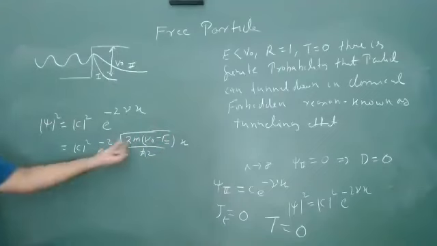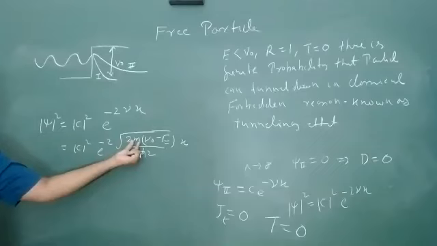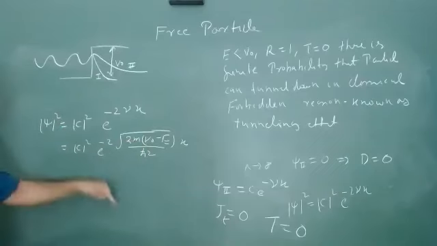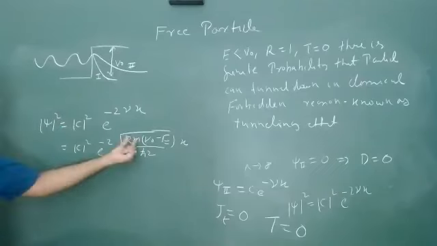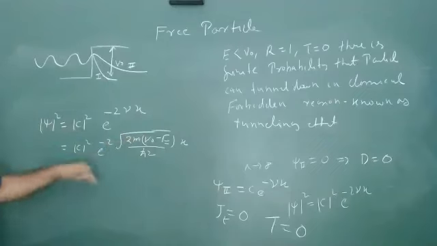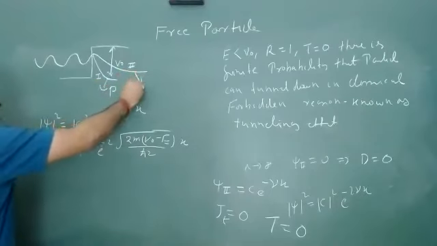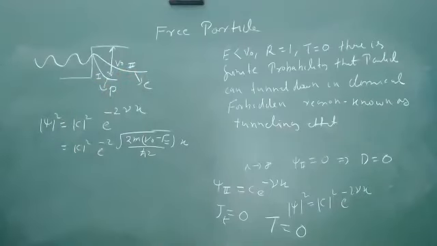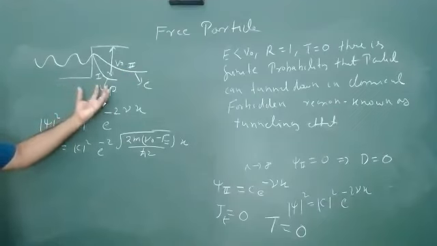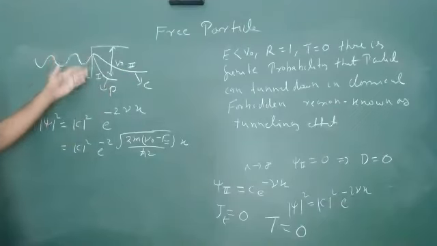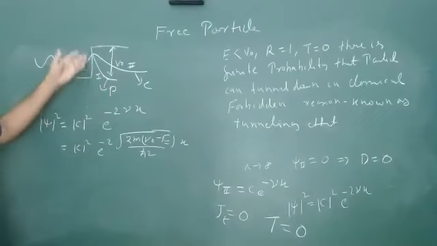Now, if mass is heavier, then mod psi square will decay faster. So obviously, this is for the proton and this is for the electron. For a classical particle, the mass is very heavy, so it will tunnel down in this region only.